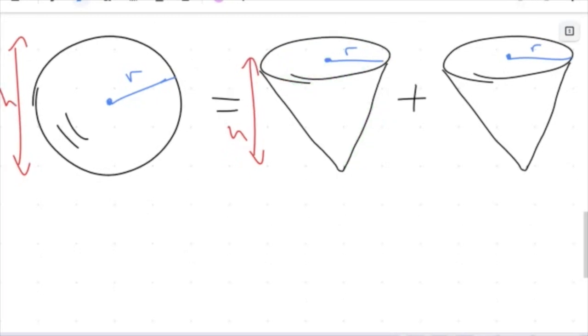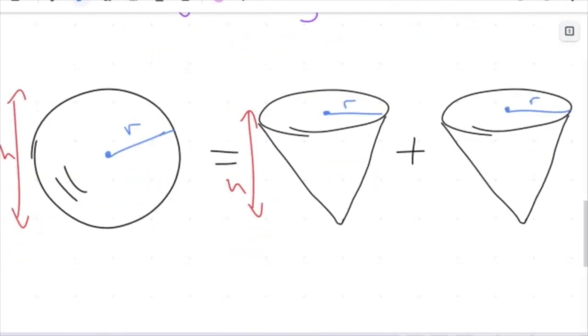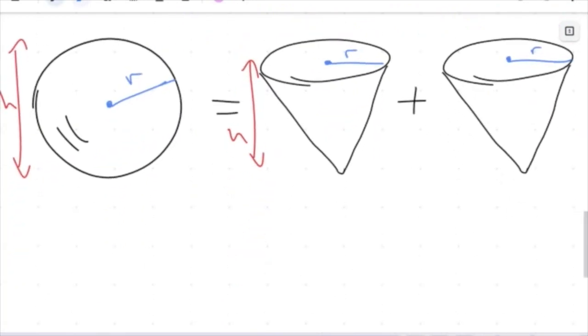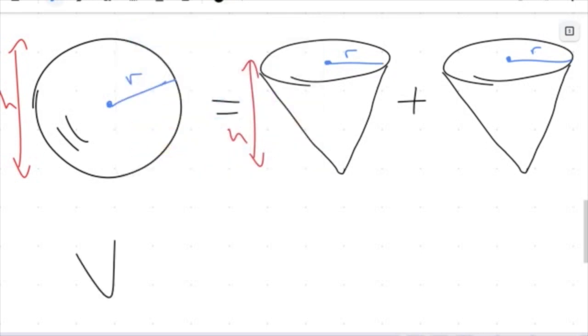So let's have a go at doing a little bit more of this mathematical manipulation and see if we can get to the same formula we established up here. Now, I have that the volume of my sphere is going to be 2 cones added together, or 2 cones multiplied by 2.